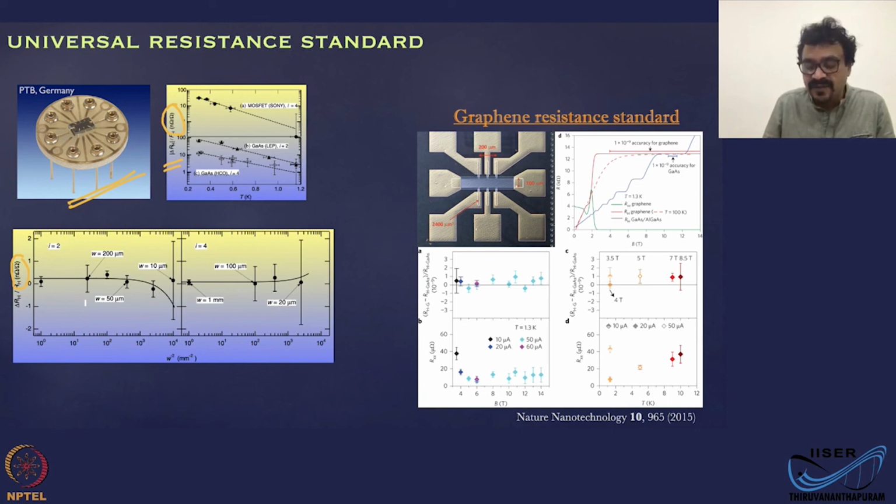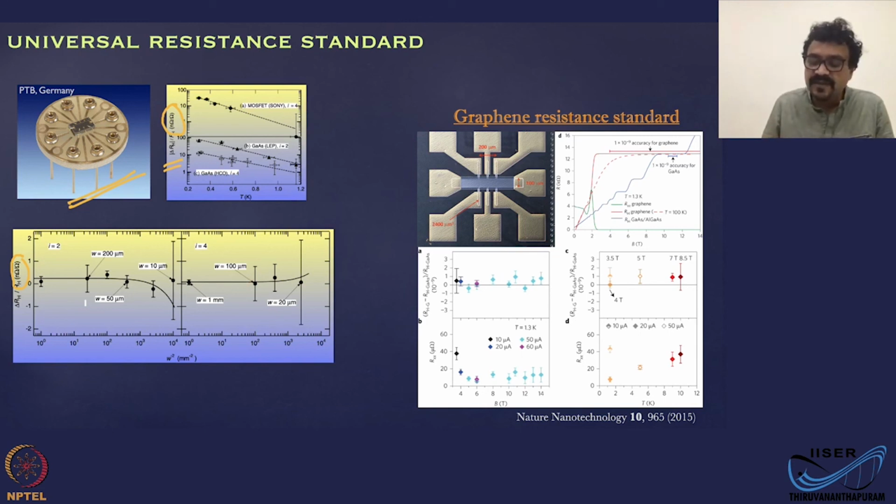Now, here is a 200 micrometer wide device. This is like 50 micrometer, this is a 10 micrometer, and this is how the second plateau was positioned, and the error between various devices. Here, this is also the fourth plateau, where the error across various devices is in nano ohms.